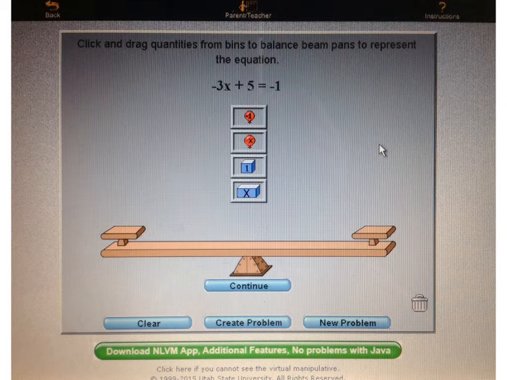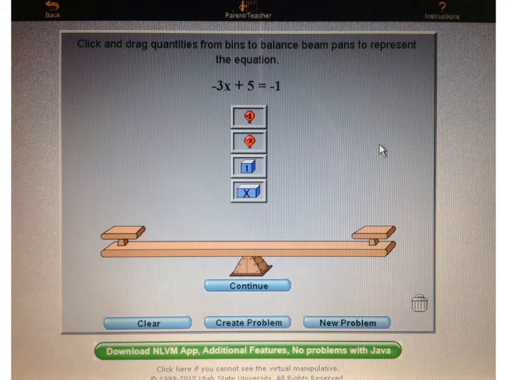This is part 2B. Again, the same type of thing. There's going to be another virtual balance scale, but now we're going to start to incorporate negative coefficients in front of the x's and also negative numbers. So again, right click in here, it's going to open up a new window.